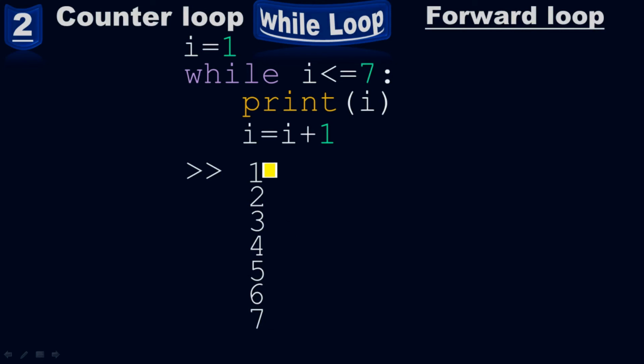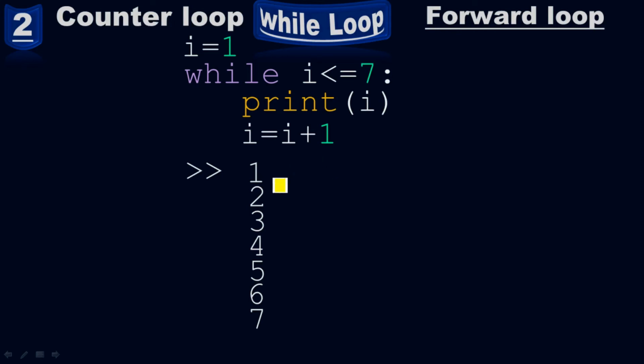But make sure this time it starts with 1, not with 0. If you remember, last time we had n equals to 0, so the initial condition was set to 0. This time it has been set to 1. So it will start from 1, and then the while loop will execute.